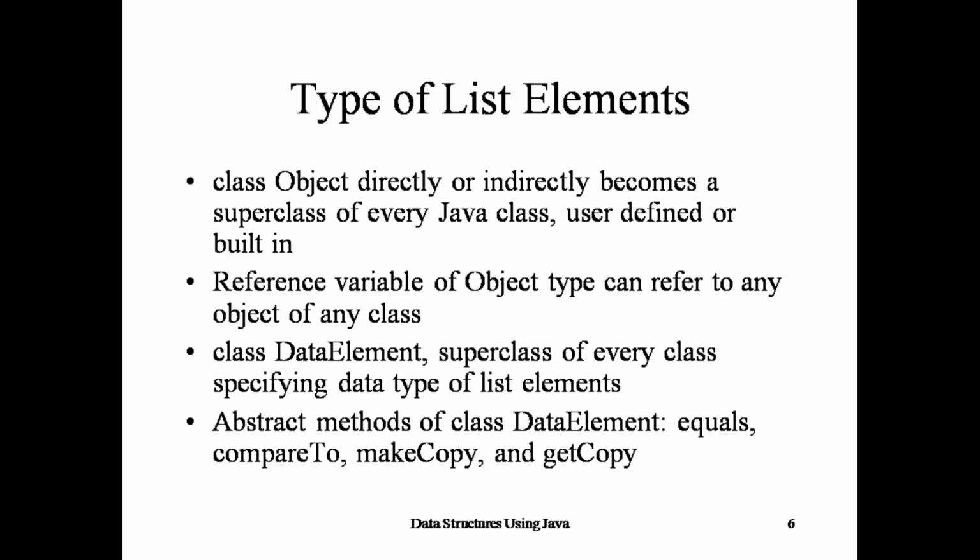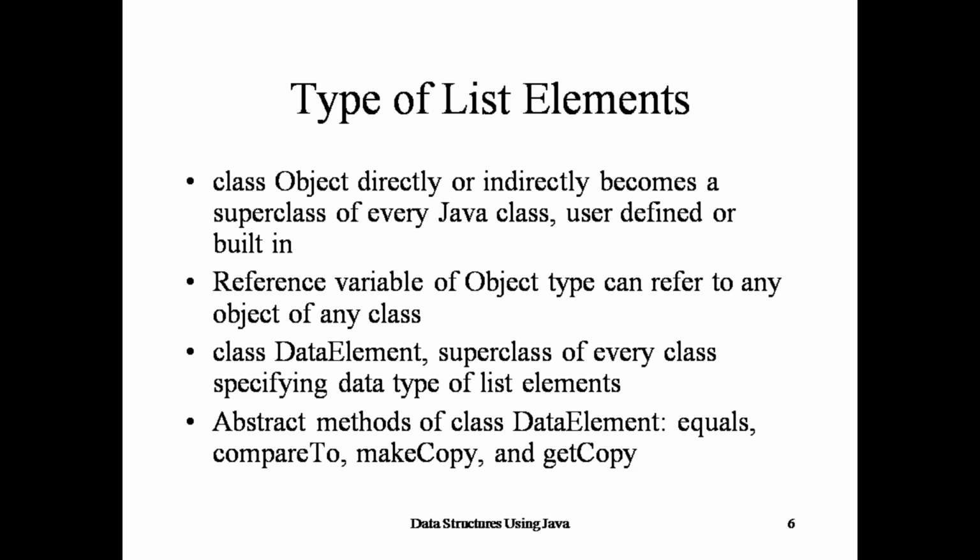The class Object directly or indirectly becomes a superclass of every class in Java, whether user defined or built in. Therefore, a reference variable of Object type can refer to any object of any class. While writing the algorithms to implement list operations, we could think of list elements as objects of the type Object.